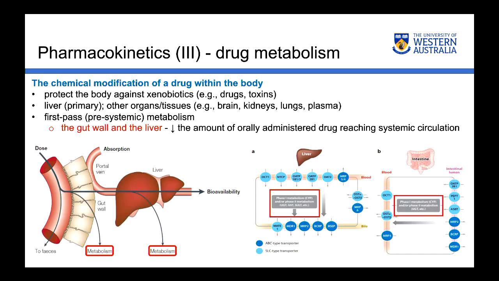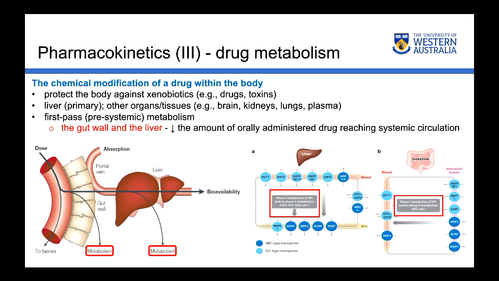So you see for a drug that is administered orally, this is the small intestine, they need to cross the gut wall. First, they get to the portal vein. And the portal vein will take the drug to the liver. And only those drug molecules that survive the gut wall and the liver will end up in the systemic circulation. And that is the portion of drug that is bioavailable.